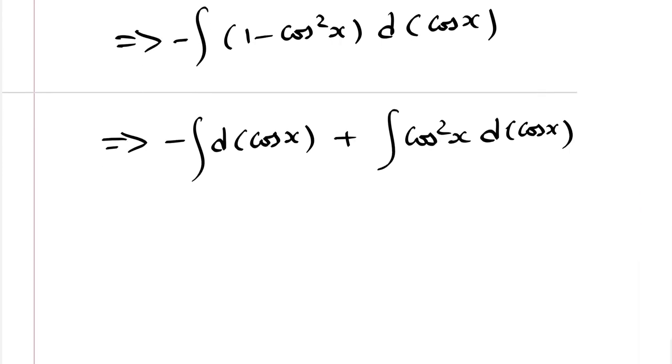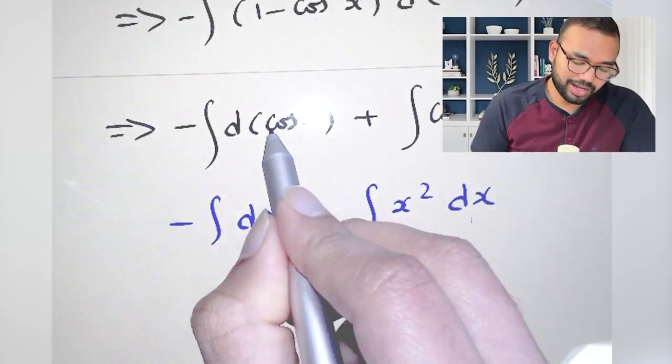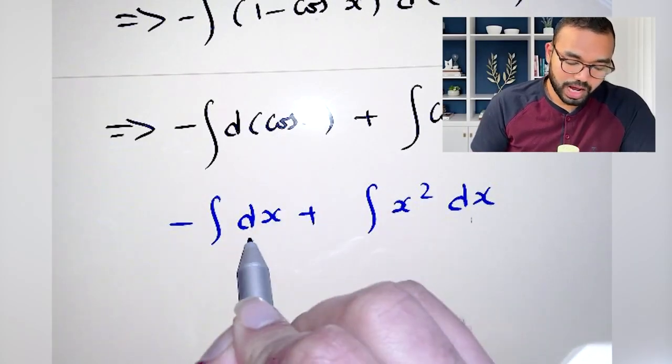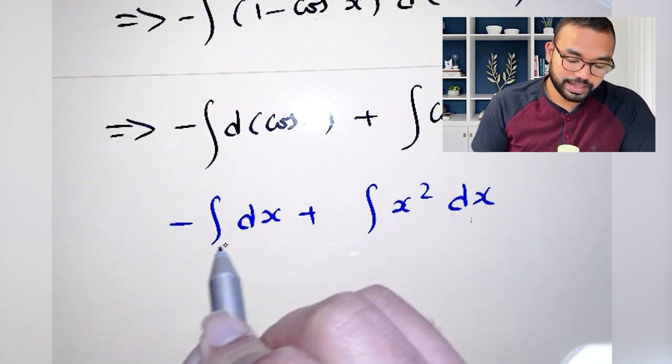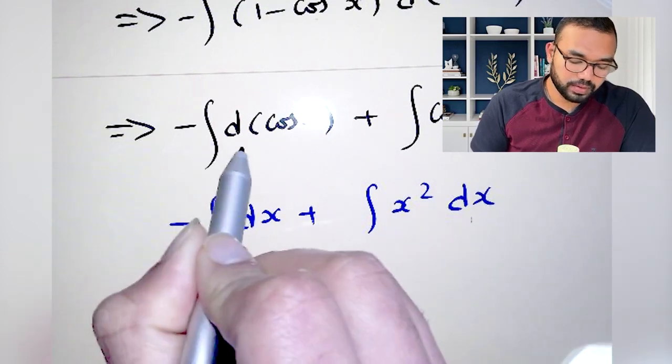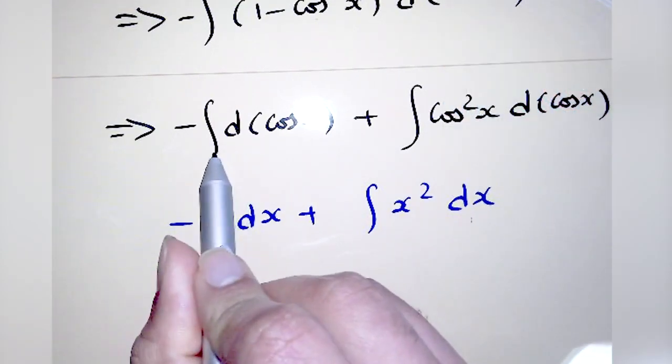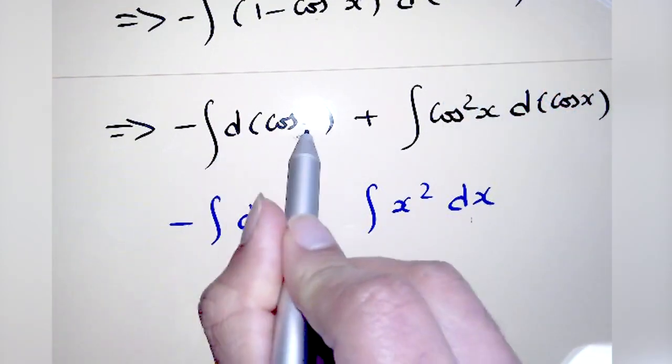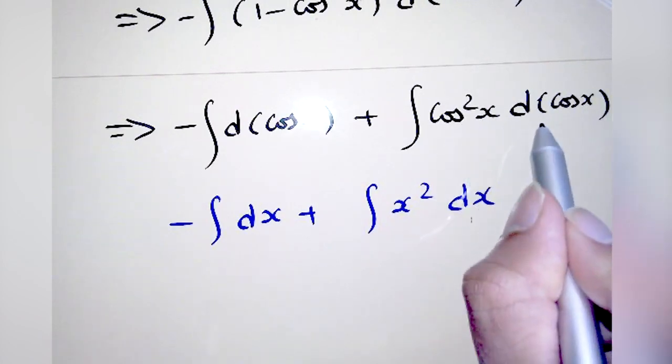Isn't this looking like our standard formulas? Minus integral dx plus integral x square dx, right? But we just have cos x. We know how to integrate dx and integral x squared dx. In the same way, we can integrate d of cos x and cos square x d of cos x.